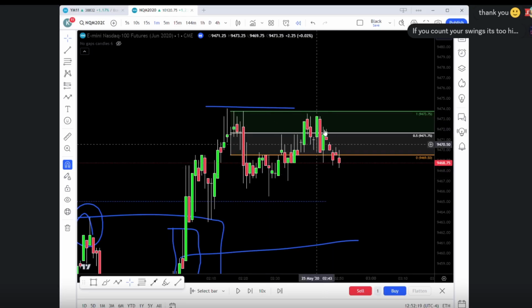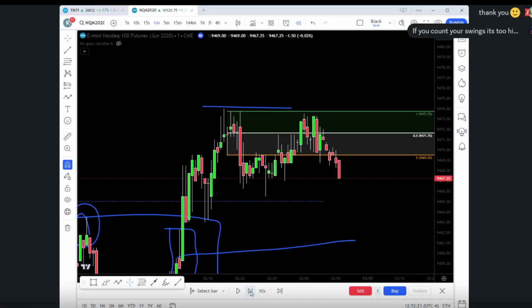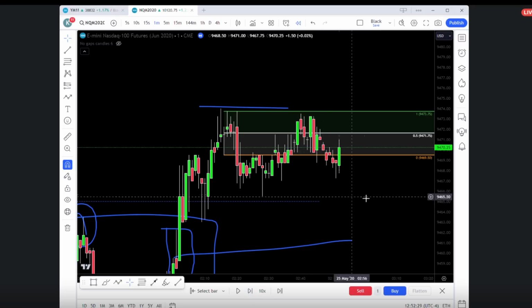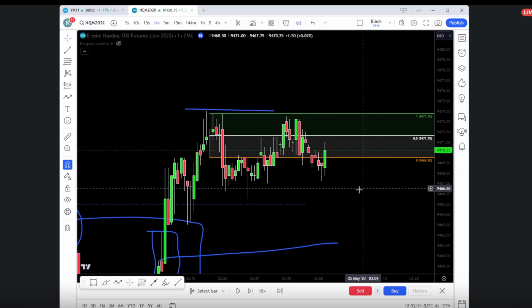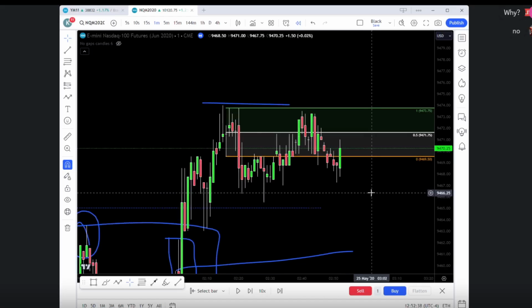That's right. So this would be our 7th swing down that we're currently in right now. Anybody thinking of getting short now that we've left this zone and tapped back into it? Still no?